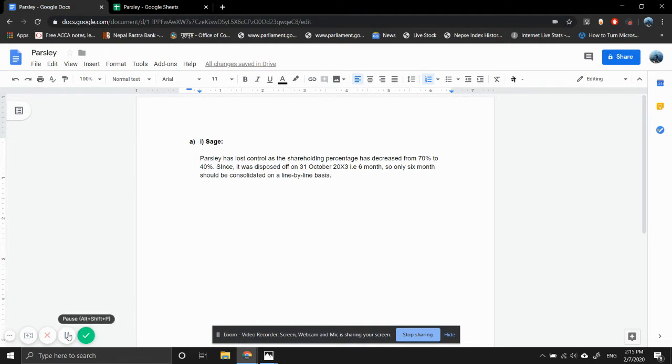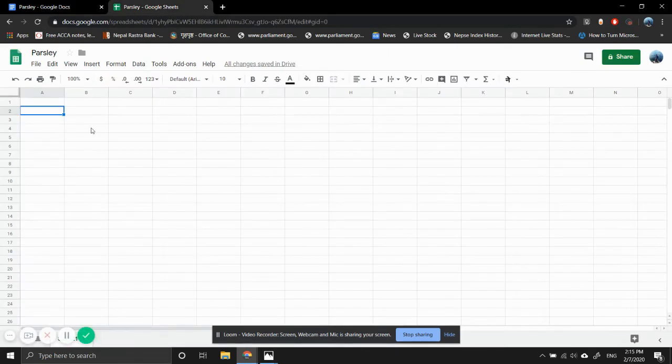Let's prepare our working notes. Working note 1, parent and NCI, so 70 and 30. Then working note 2, calculation of net assets, at acquisition and at disposal.